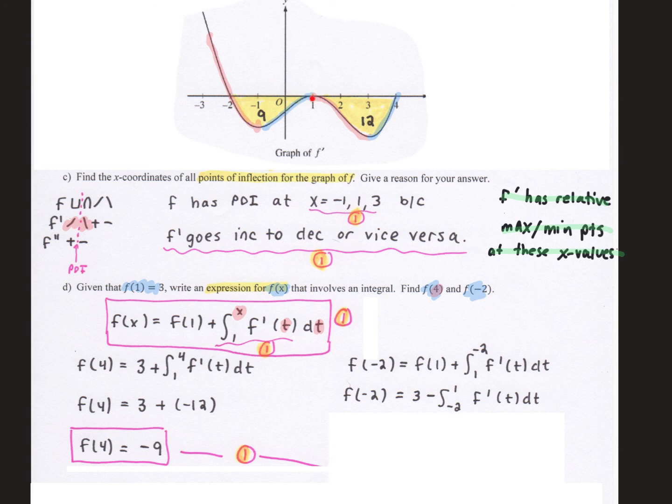So from negative 2 to 1, my area is 9. But because that area lies below the x-axis, I'm going to take it as a negative 9. Along with the negative from the limit reversal gives me a 9 plus 3, and my final f of negative 2 value is 12. Point-wise, you have to get both of these values correct to earn this point. If you get one and not the other, you just don't get that point.